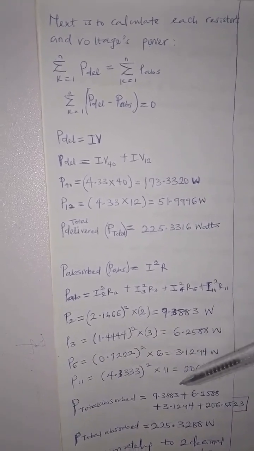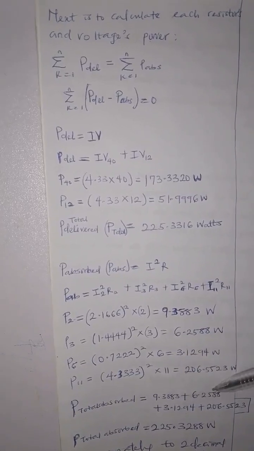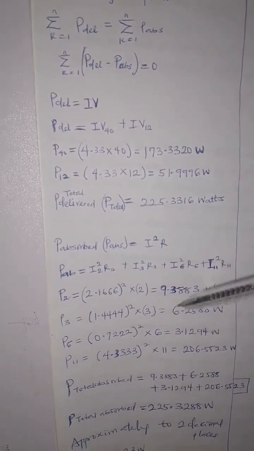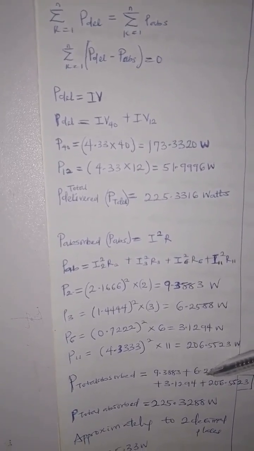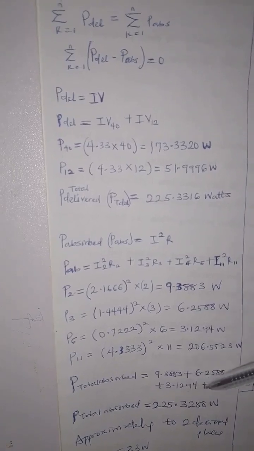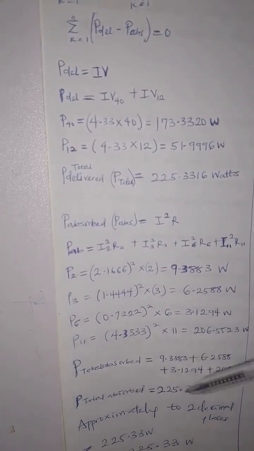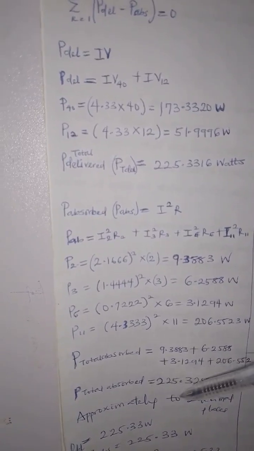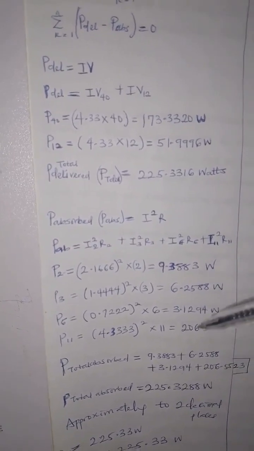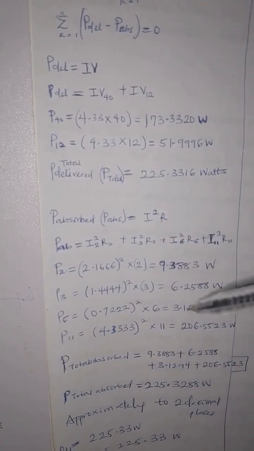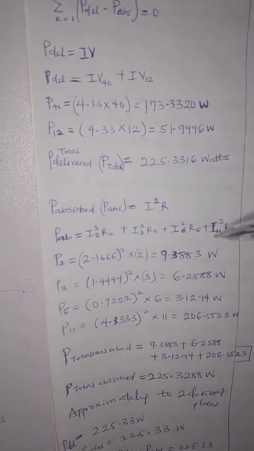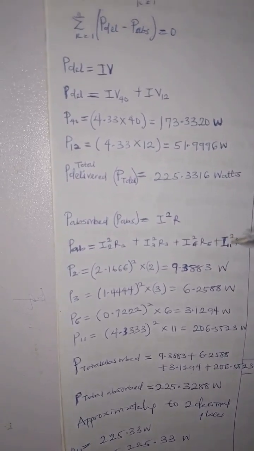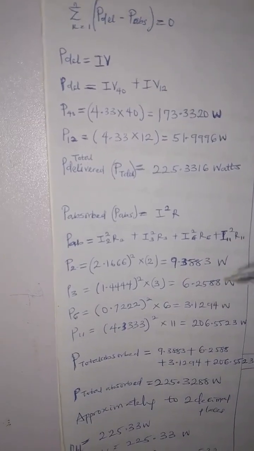Now the total power absorbed is everything together, which is 9.383 and so on, and the total power is this. Now we need to approximate to decimal places because ideal power absorbed is always a bit lower than the total power delivered, with a very tiny fragment remaining that is considered as 0.